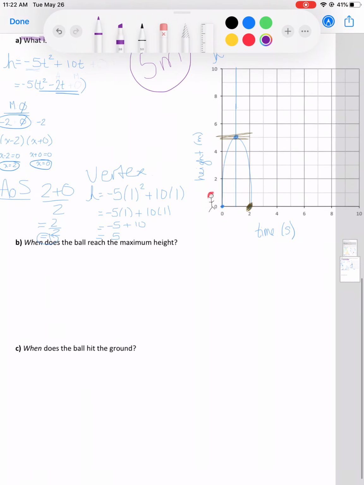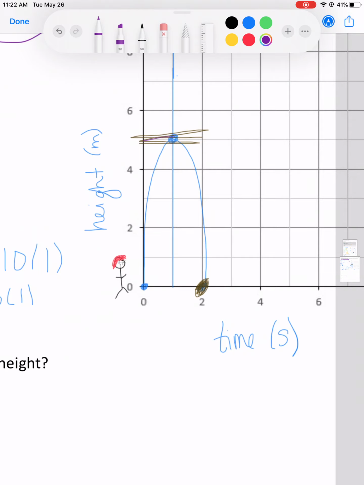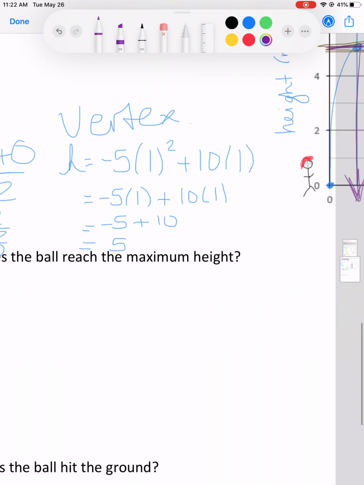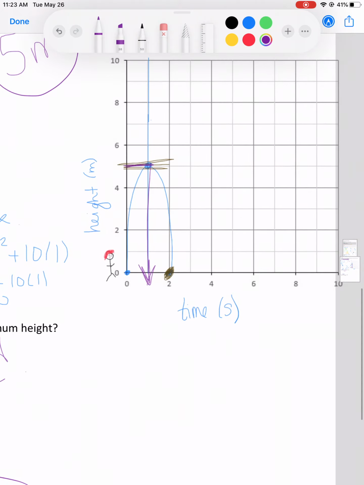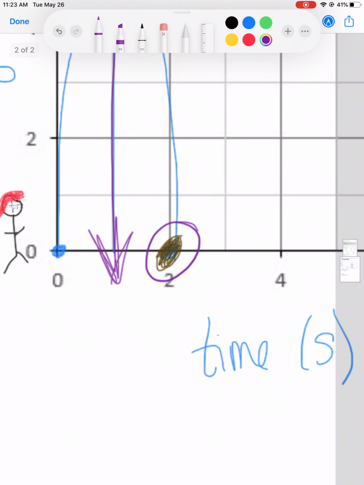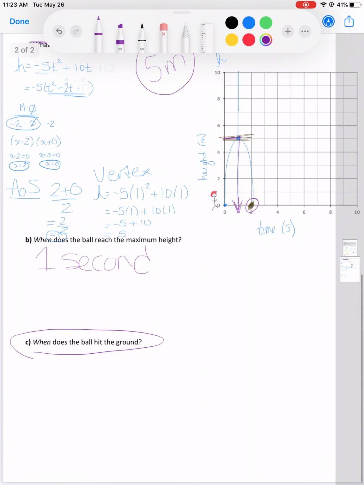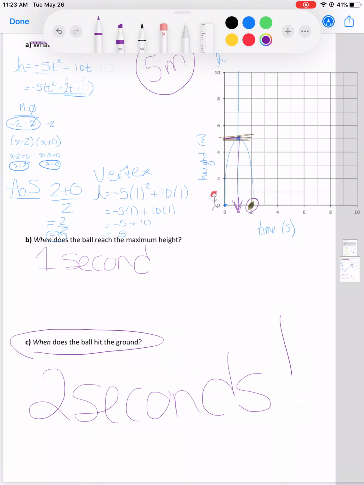When does the ball reach the maximum height? We know that was the maximum height. This is my time. 1 second. When does the ball hit the ground? Well, here's the ball. 2 seconds. Perfect. 100%, guys. Way to go.